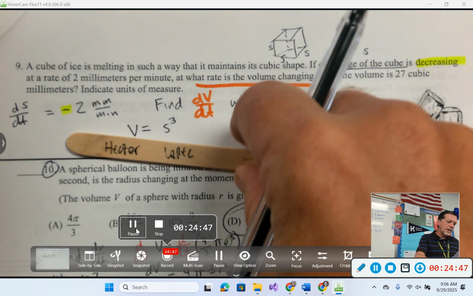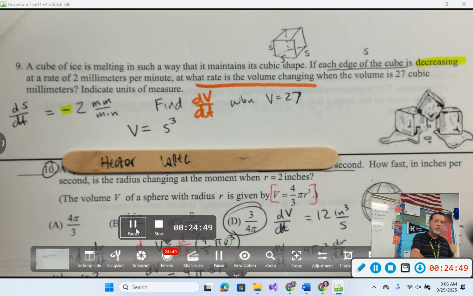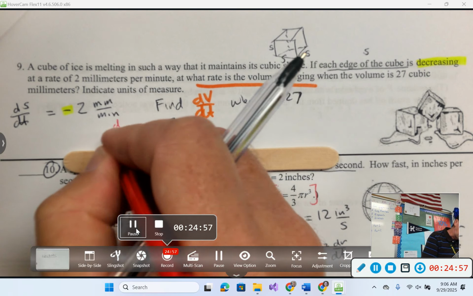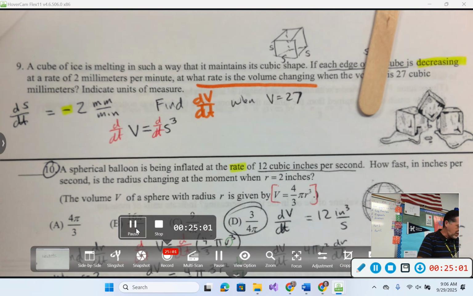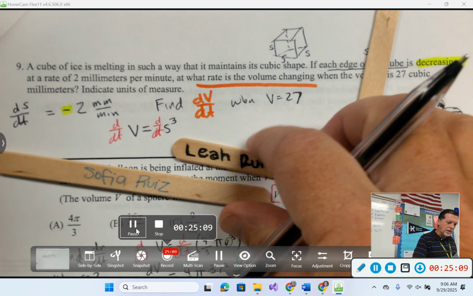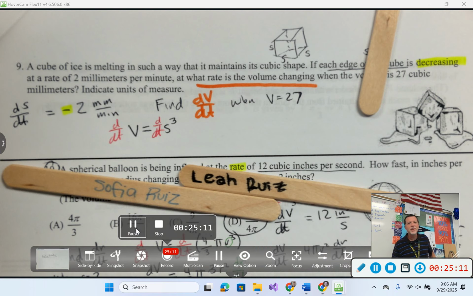Hector, if I want to find some derivatives, what should I do to both sides? Find the derivative. So let's take a derivative of both sides. Sophia, how about the left-hand side? What's the derivative with respect to t of V?